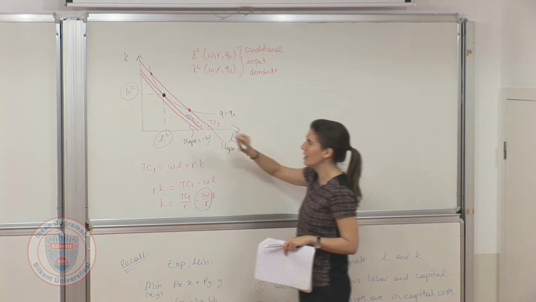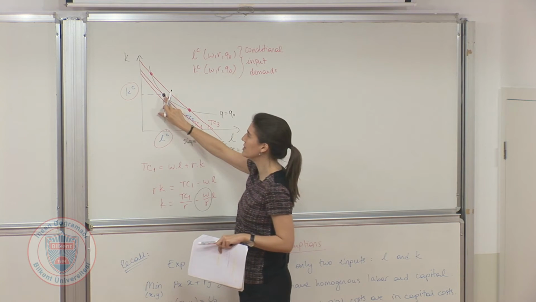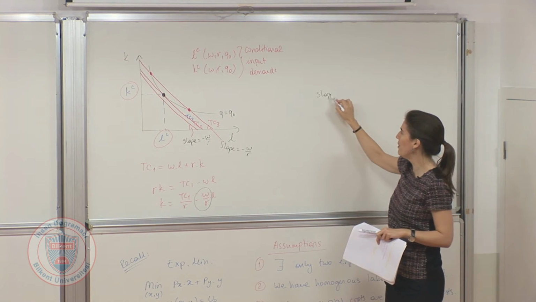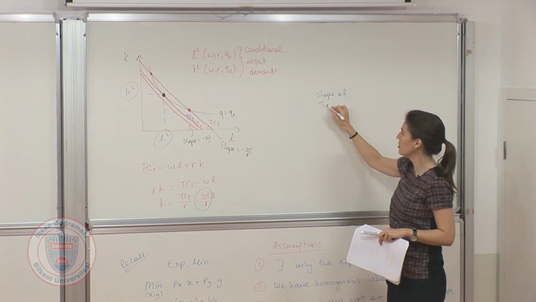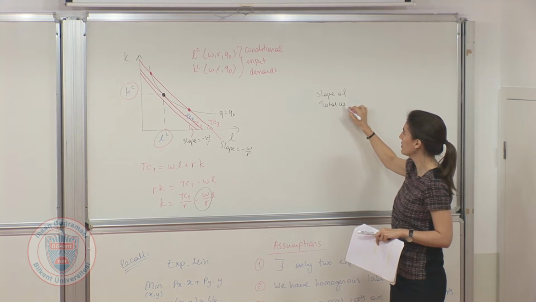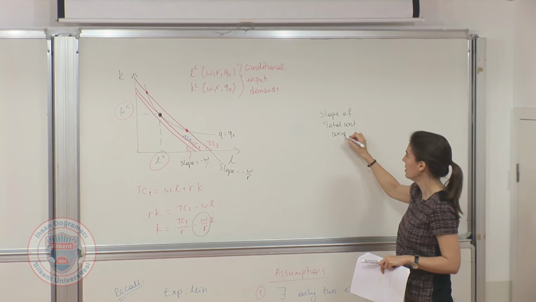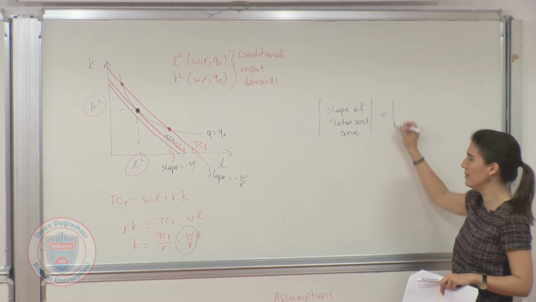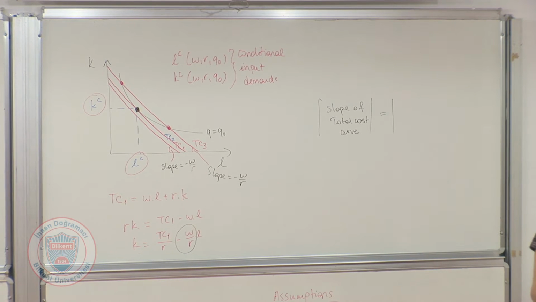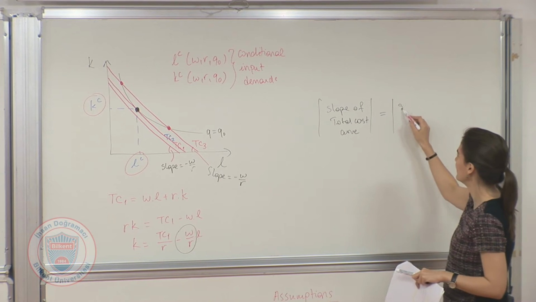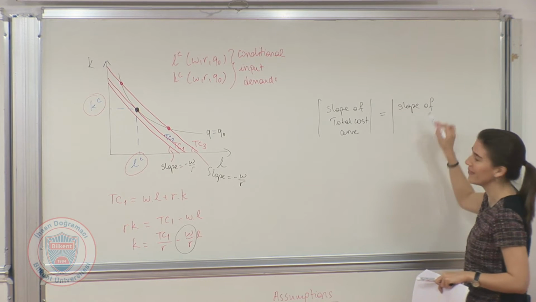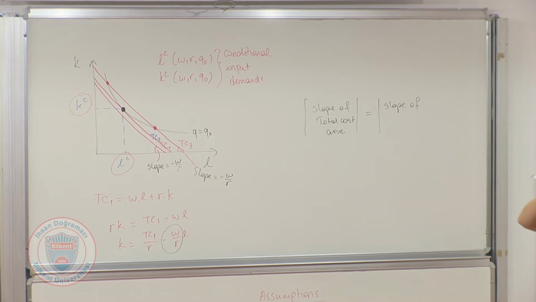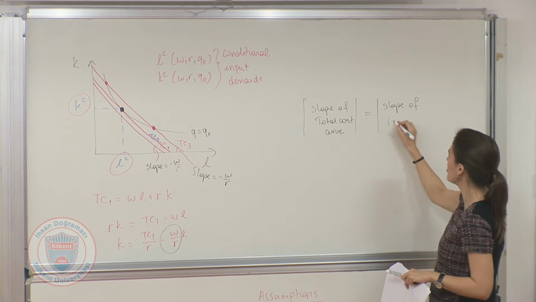So what is the characteristic of this tangency point? It means that the absolute value of the slope of the total cost curve is equal to the slope of the isoquant.